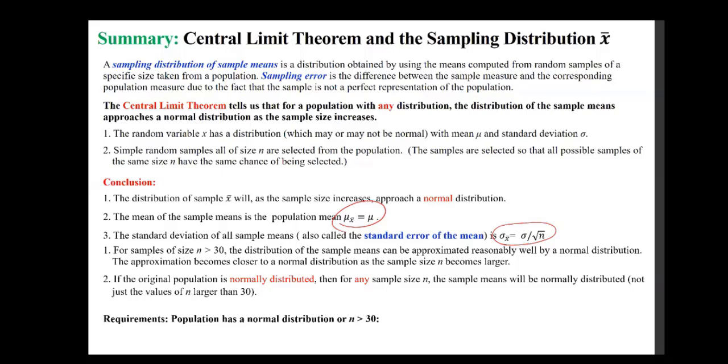Either the population is normally distributed or n is large. Sometimes we have both cases. So to use this, we have to be aware of what's happening to the population. If the population information is not given, normally the size we need is 30 or larger, then the central limit theorem can be applied.